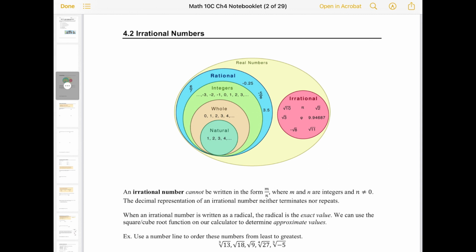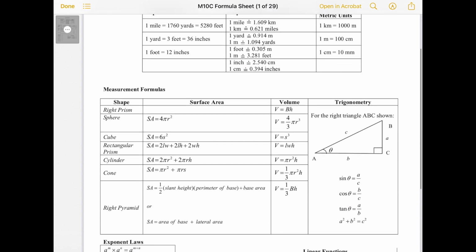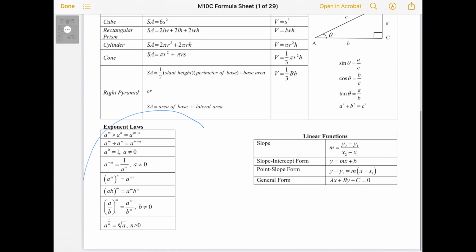One thing that I do want to point out for you though: when you did it in grade 9, you had to remember a lot of things, all those exponent rules and laws. This time in grade 10, you don't need to remember it. Your formula sheet, right here, has your exponent laws. It is right here for you, all of them.